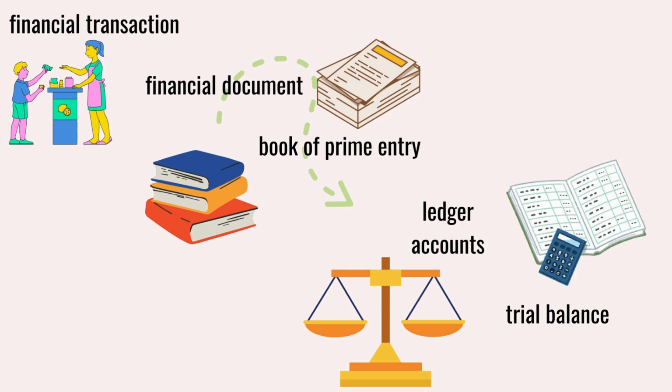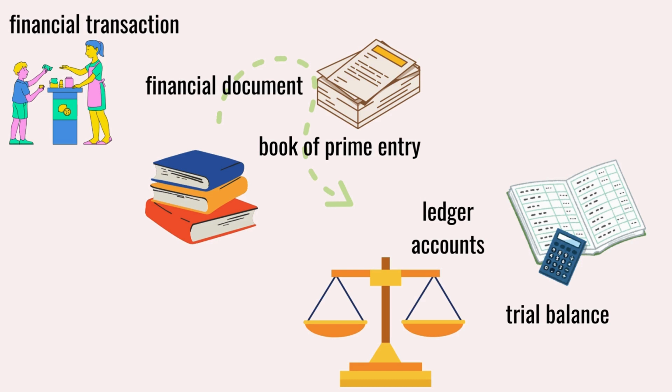And it means that every single transaction from the books of prime entry has to have a double entry in the ledger accounts. There are multiple ledger accounts for different things. There are some for sales, purchases, expenses, assets, a lot of different things.